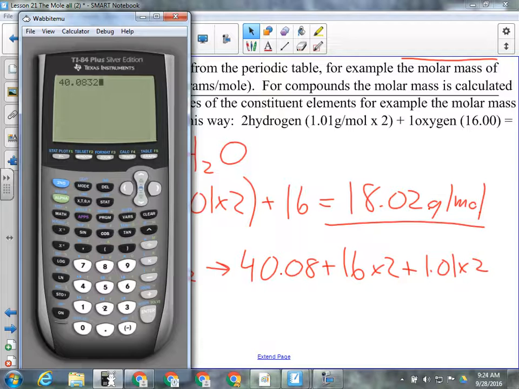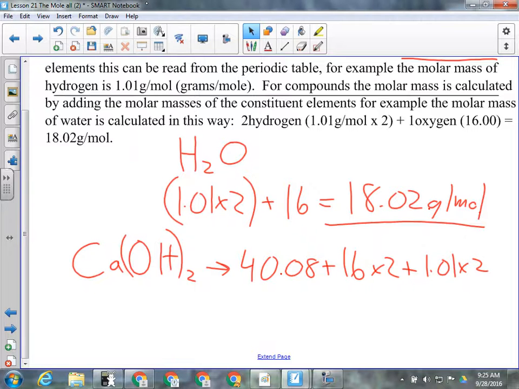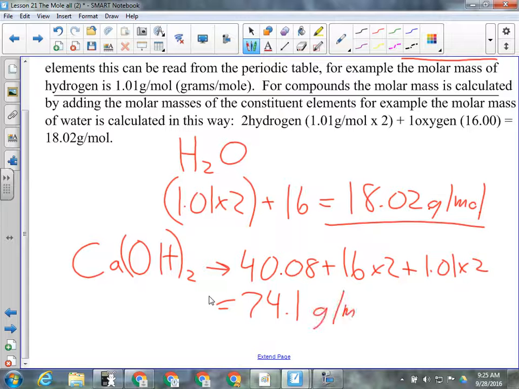That's 16 times 2. Plus 2.02. That's 2 times 1.01. All right, so we're looking at 74.10 grams per mole.